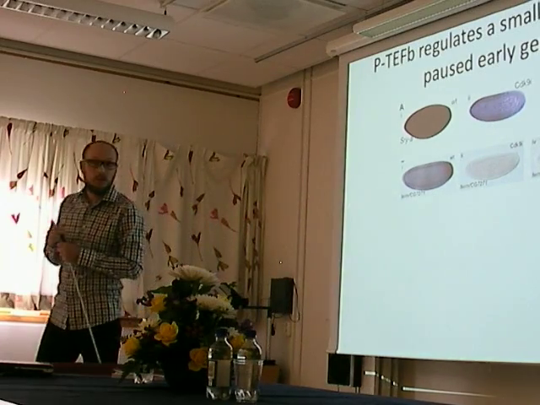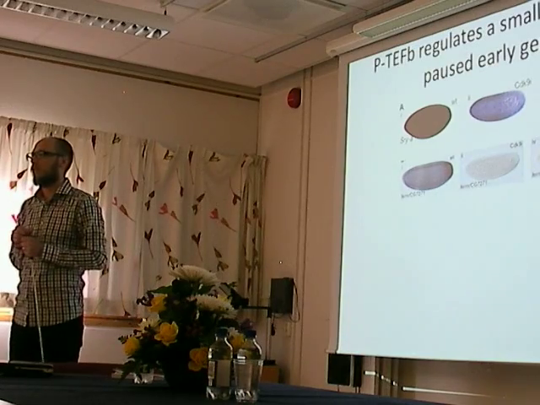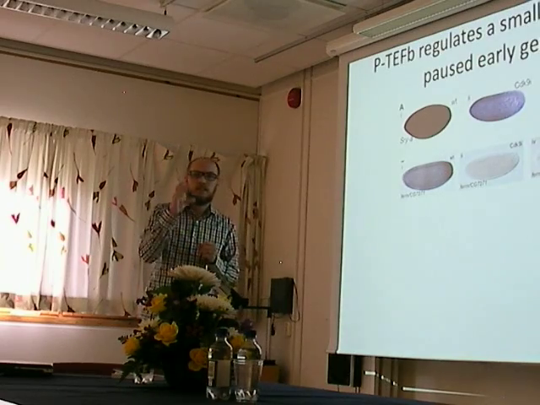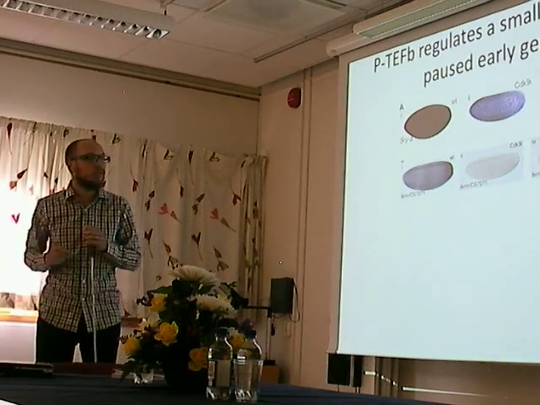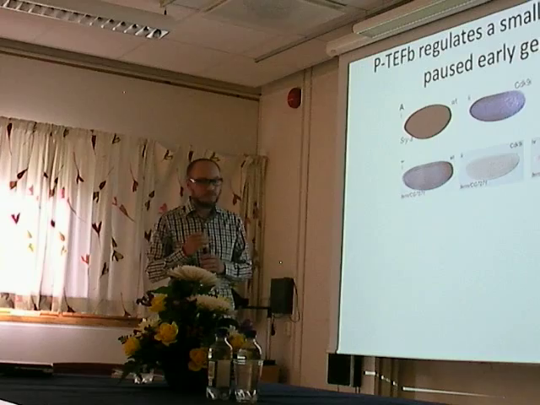However, serendipity alpha is a gene that has no post-polymerase. It's a gene where polymerase is transcribing the gene without pausing at the promoter. So this was in contrast to our hypothesis.